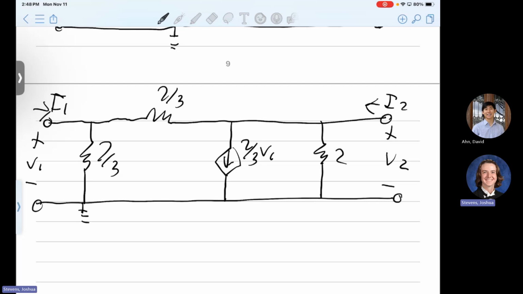All right, that's that one. Yeah, I'll get back to you on why this is the case. The two things that I'll need to get back to you on are the T and pi models and GM.